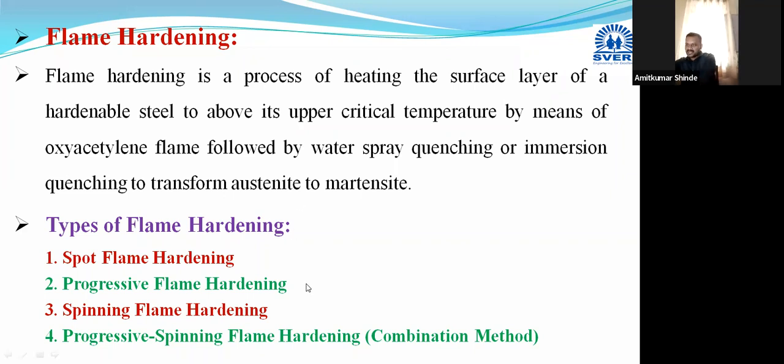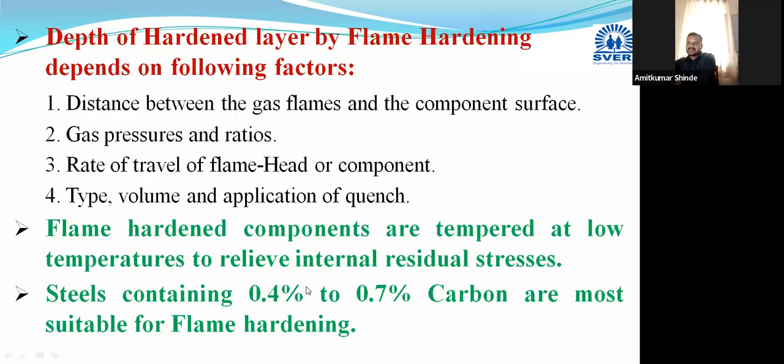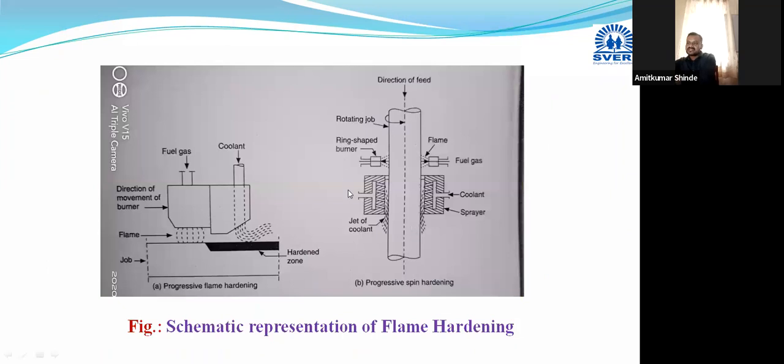I will show you the diagram. You can see here, this is the progressive spinning flame hardening. This workpiece is rotating, and this is the flame and coolant. We are moving in this direction, means simultaneously heating is done, and after heating it will move in the forward direction, and whichever heated part is there will be hardened by this coolant.